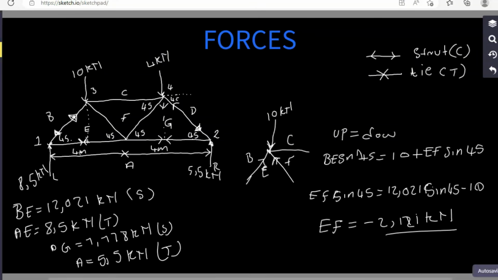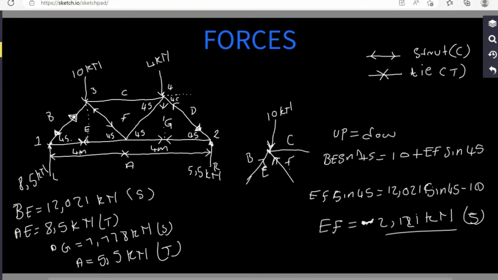Therefore, EF, where is EF? We place the direction here and then we mirror it. It's a strut. We can then ignore this when we are presenting the magnitude, because this was just to indicate to us that the direction that we have chosen is not the correct one.